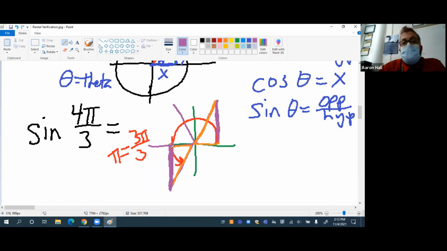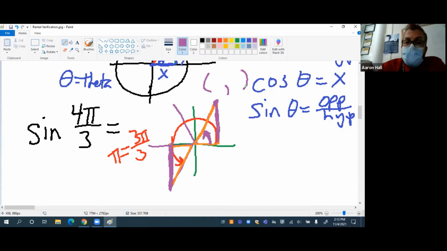Negative. Yep. So let's figure out what this rotation here is. Isn't that just pi thirds? Okay, the rotation is pi thirds.